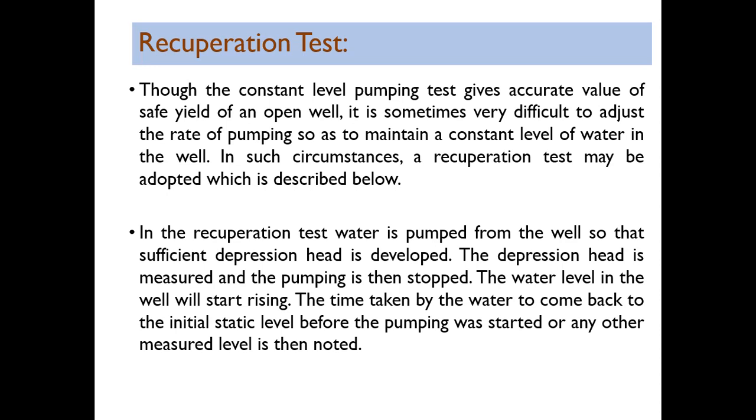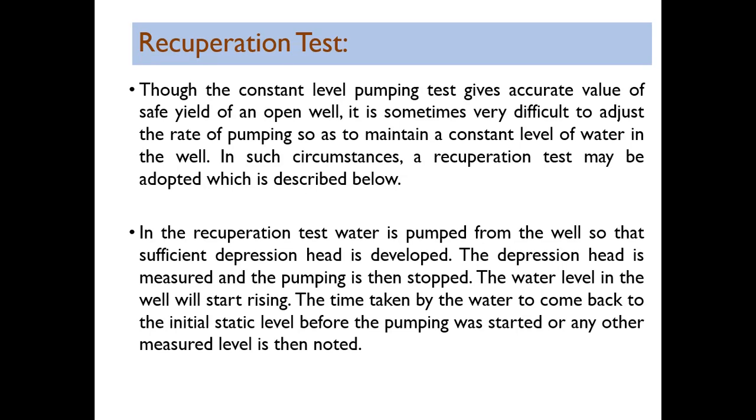We can measure it. But in this constant level pumping test, the difficulty is to maintain a constant level. It is a little bit difficult. So, as an improvement on this, the recuperation test can be performed.